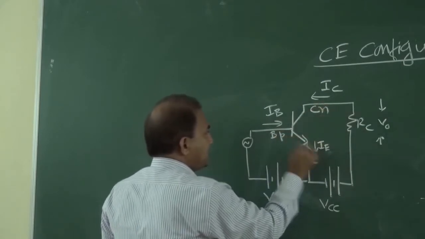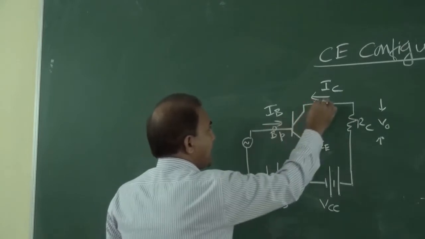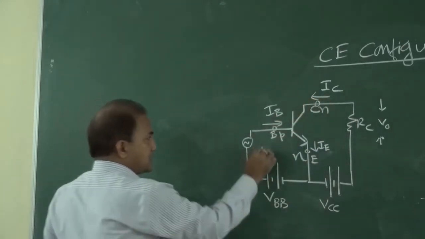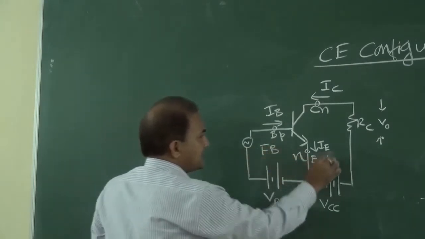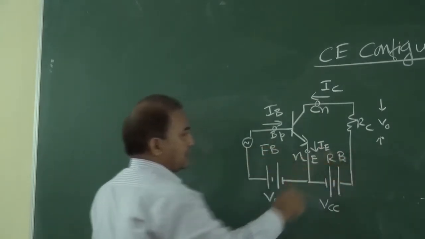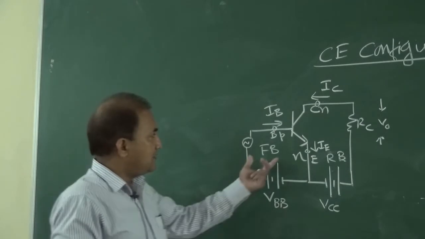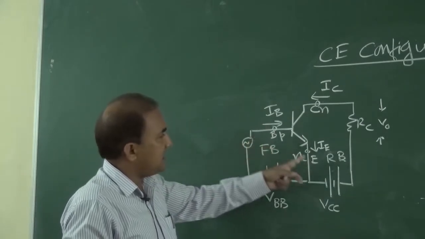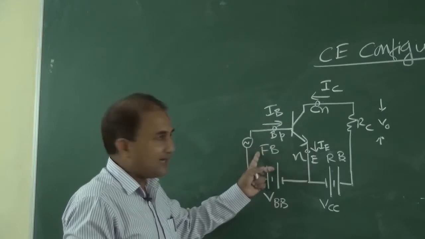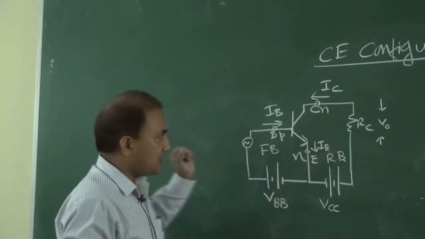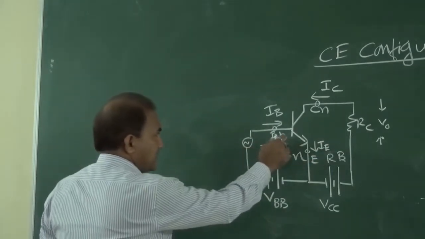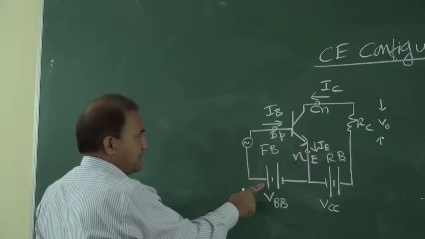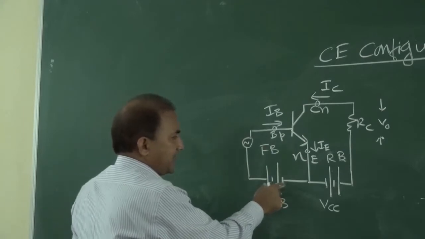This is the emitter, this is the base and this is the collector terminal. This is forward bias and this is reverse bias. In the normal case, the base and emitter junction is forward biased and the other is reverse biased. Here we can see that P is connected to the positive and N is connected to the negative terminal.